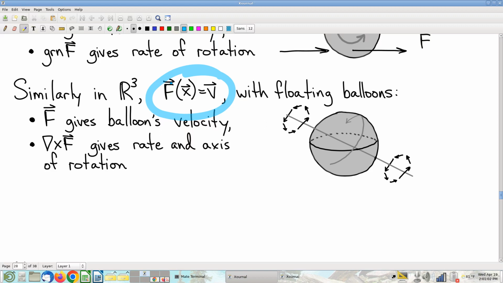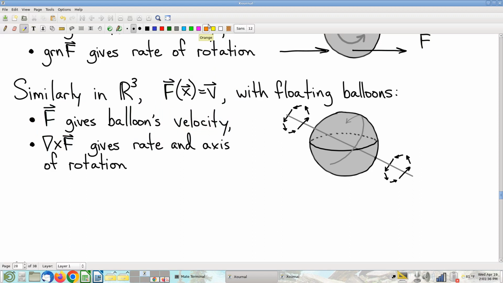And imagine we have these little balloons that are floating, and they're at that exact perfect stage where the net buoyancy and gravity cancel and make them effectively weightless, and they'll just go wherever the wind takes them. Right? So, again, the fluid, namely the air, is telling the balloon exactly what to do. So the velocity of the balloon is the velocity of the air. That part's very direct.